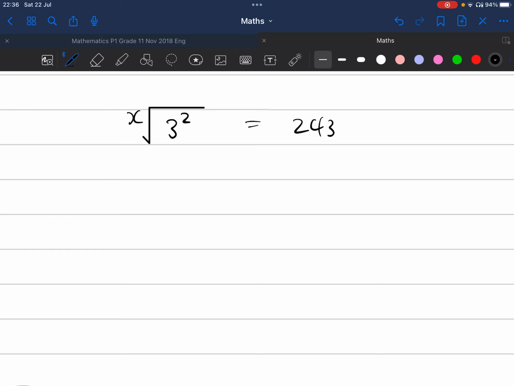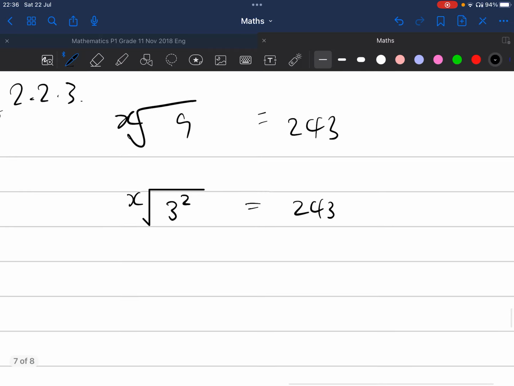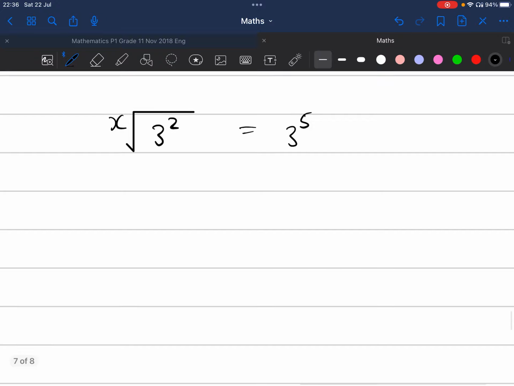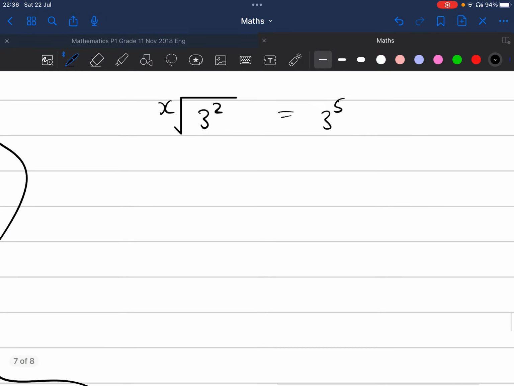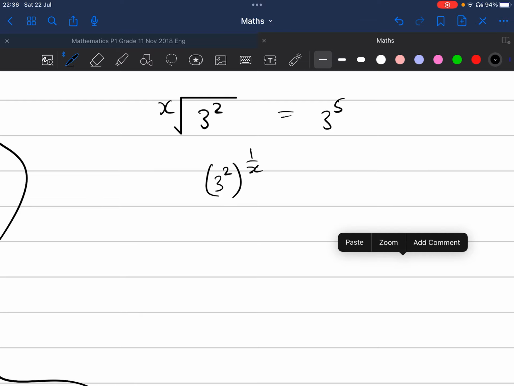So instead of saying 243, let's say 3 to the power of 5. Now let's recall what I was saying earlier. This is the same as saying 3 squared to the power 1/x, is equal to 3 to the 5.